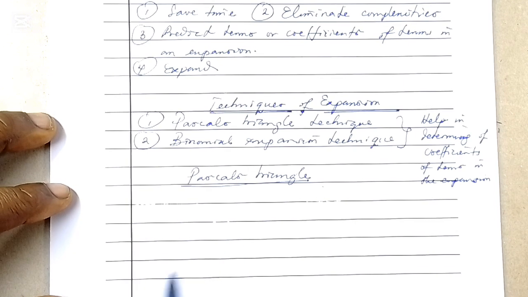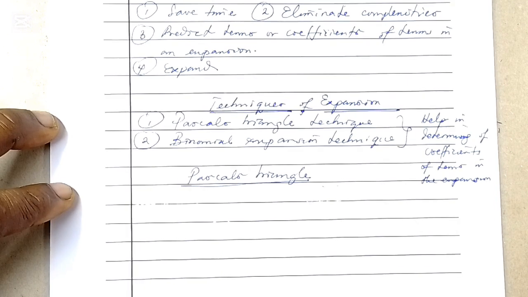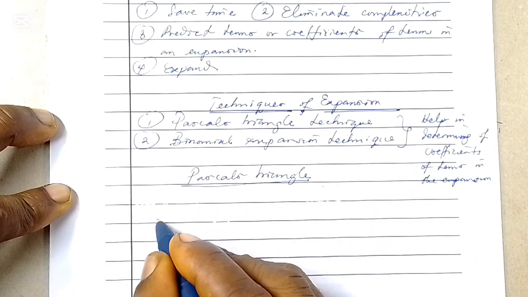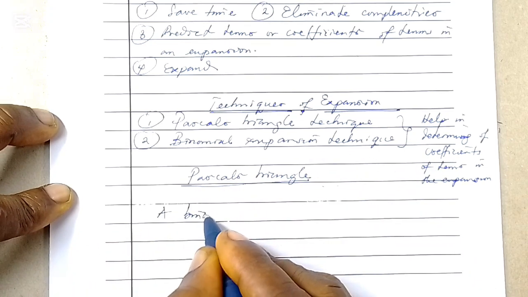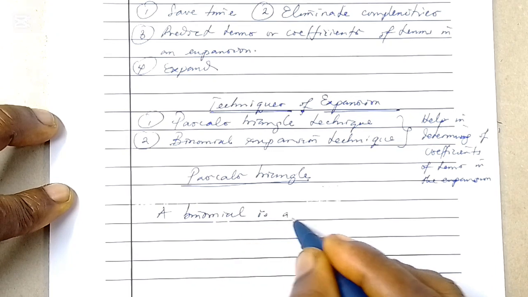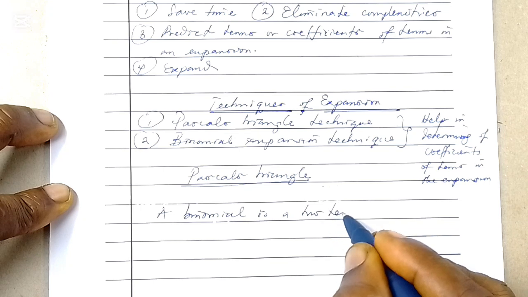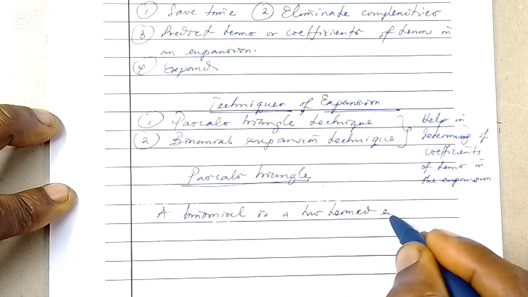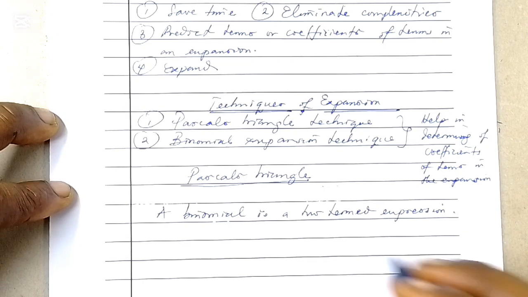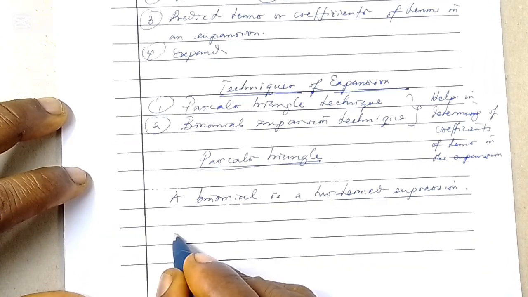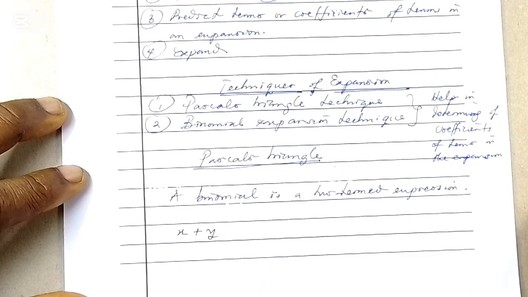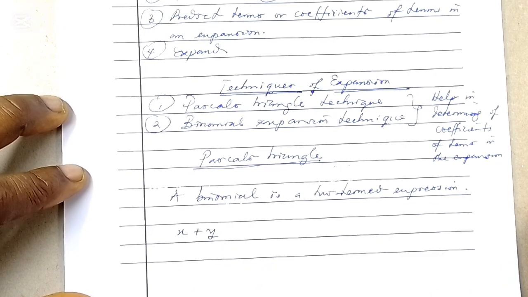Now, you've heard me say binomial, binomial, binomial. So a binomial in this case is a two-termed expression, implying that an expression such as x plus y constitutes a binomial.